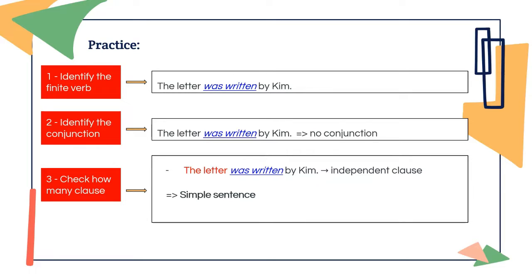And in the third step, to check how many clauses, we can see that this sentence consists of just one clause, and it is an independent clause because we cannot find any conjunction in it. So we can conclude this is a simple sentence.